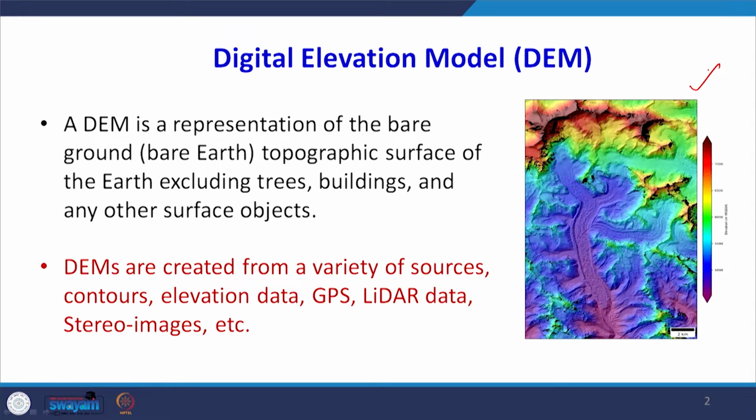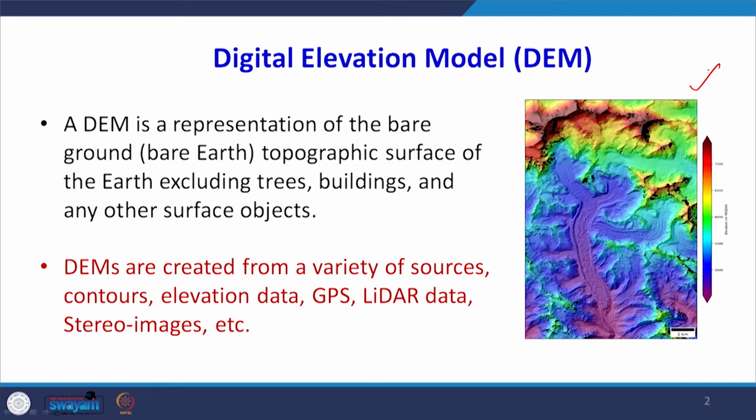Now we know from our previous knowledge that we can create a DEM from a variety of sources. Either we can have contours and a contour map and create the DEM from that data, or spot elevations, develop the TIN model and carry out the interpolation, or we may have GPS points with us and using those GPS points we create it.